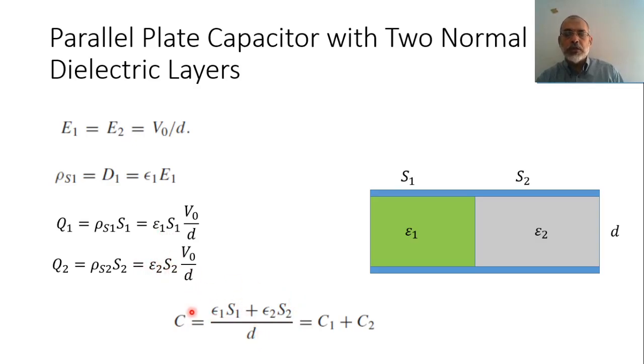Or in other words, we can say that we have capacitor 1 here, which corresponds to epsilon 1 S1 over d, and capacitor 2 here, epsilon 2 S2 over d. And because they are in parallel, the total capacitance here would be capacitance 1 plus capacitance 2. So this is how the capacitors in parallel will react to each other. Okay? Alright.